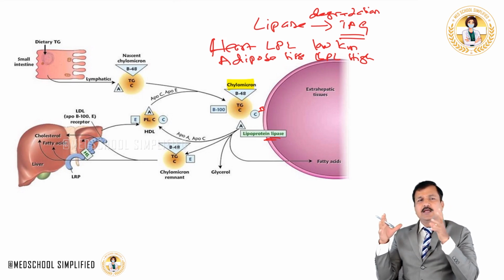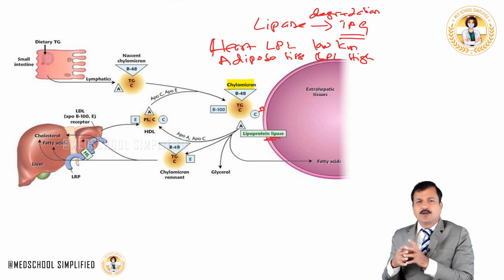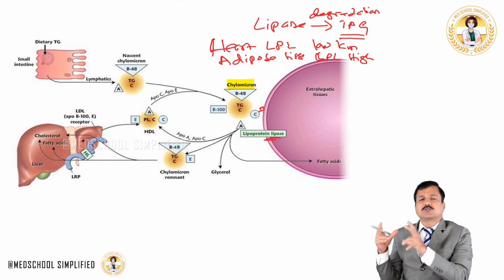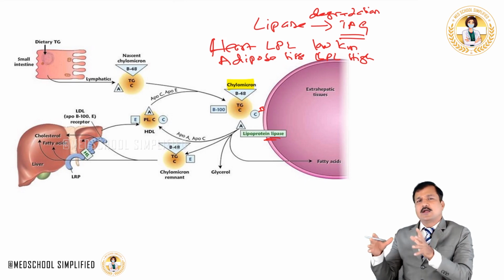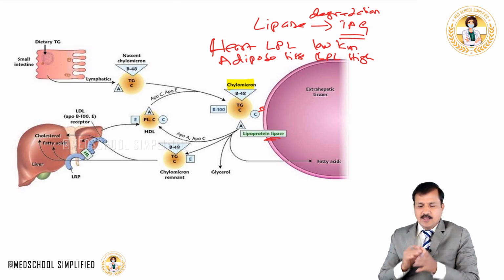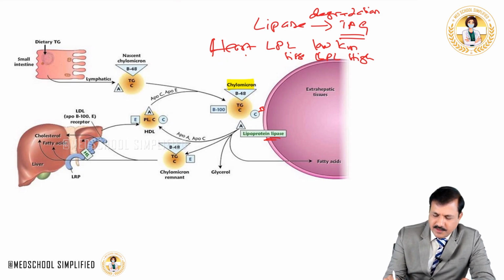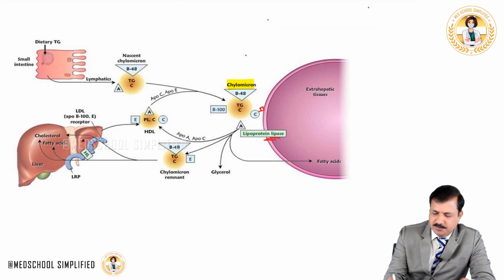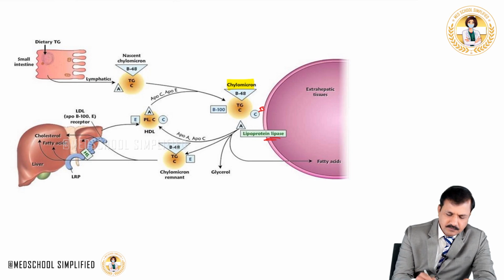Only when VLDL and chylomicron levels are high in the blood, at that time adipose tissue lipoprotein lipase is active, and that's going to take degraded triacylglycerol and take in fatty acids for the storage purpose. Okay, and that's what you need to remember here in terms of tissue specific expression of lipoprotein lipase.